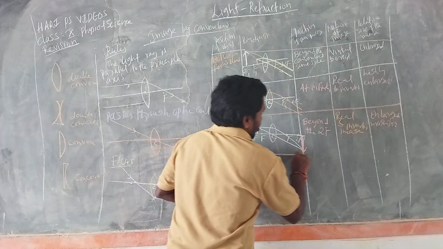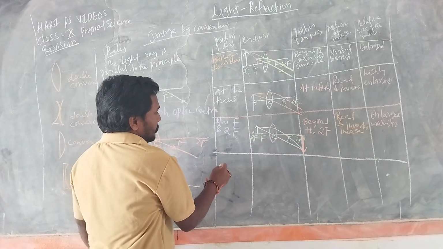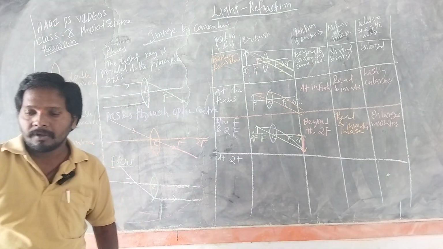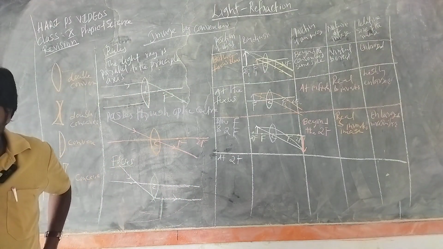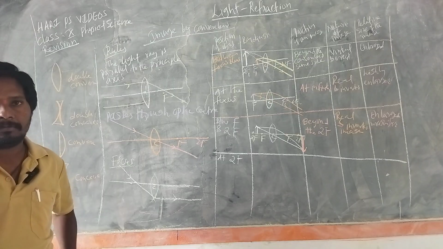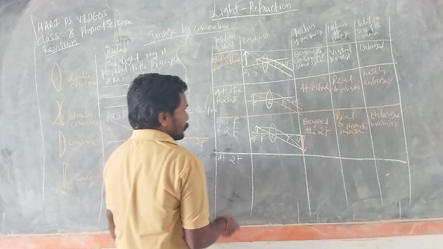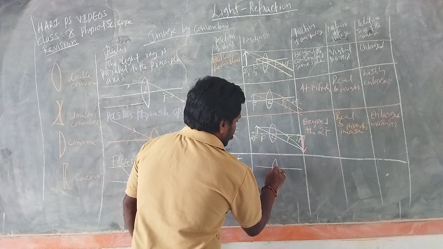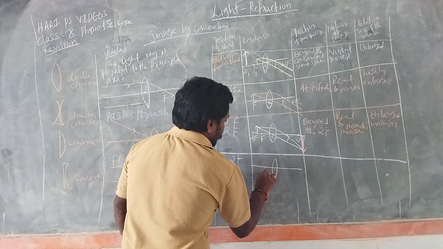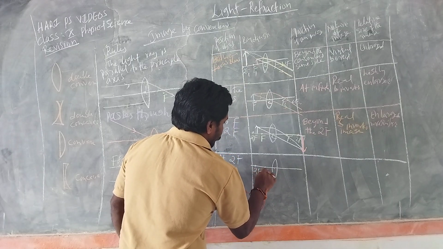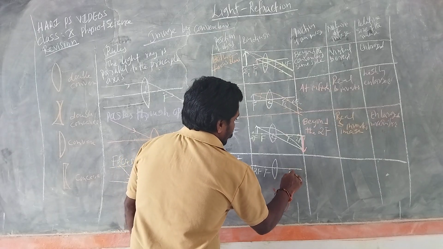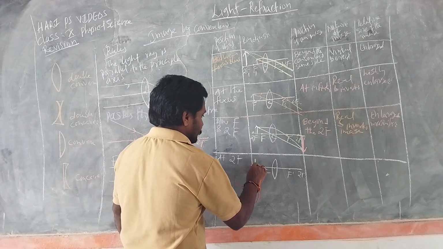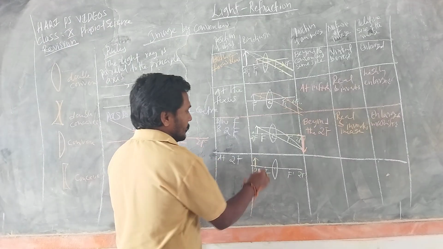Then next one, the object placed at 2F. Let us see where the image of the object is formed. So convex lens, optic center, F, 2F, here F dash, 2F dash. Then the object is placed here.